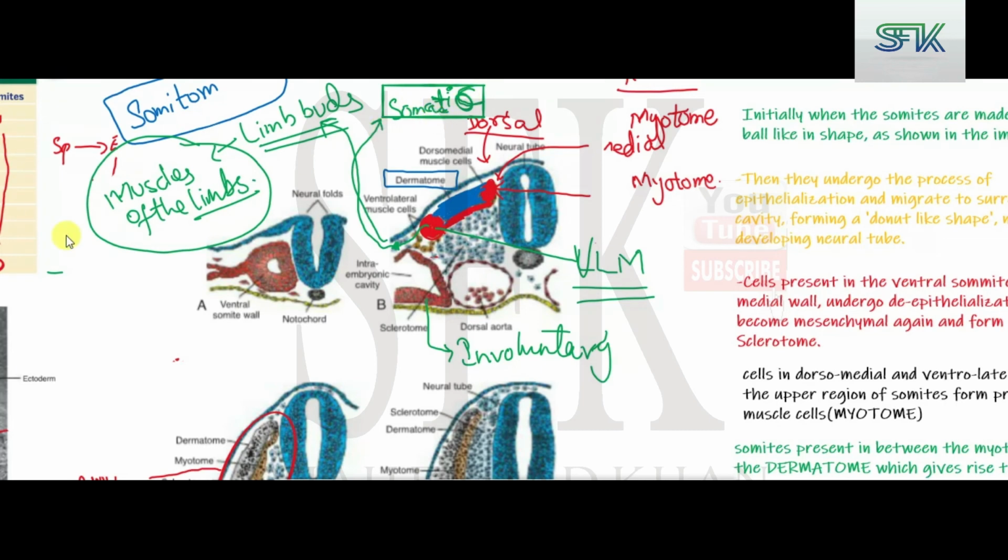The somatic mesoderm gives rise to the mesenchymal cells or the mesenchymal tissue of the limbs. And once the mesenchymal tissues are made, this pattern of muscle development is actually determined by this mesenchymal tissue of the limbs, which is derived from the parietal mesoderm or somatic mesoderm.